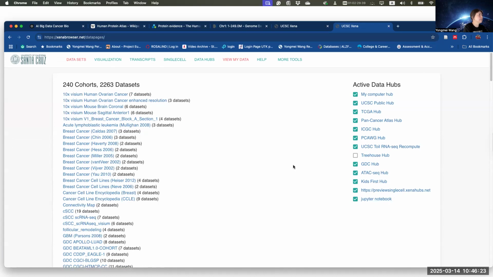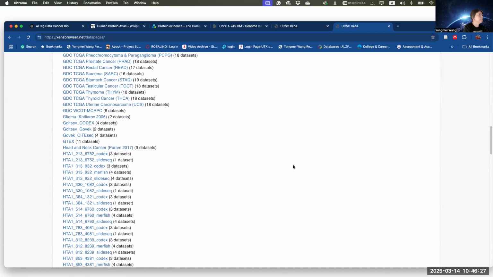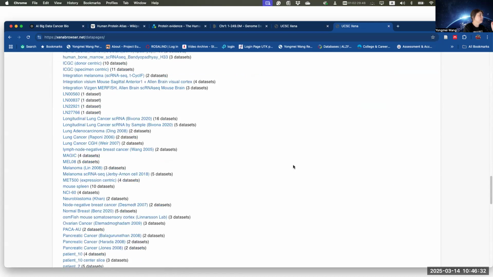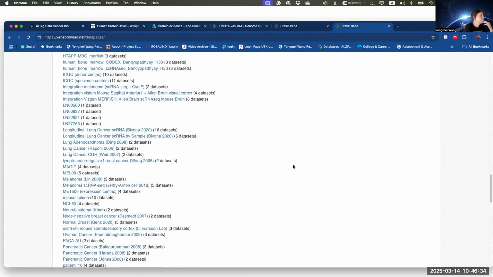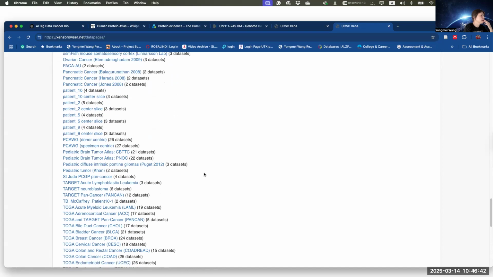So you go to data sets and you can see there are a lot of different ones. These data sets are arranged by the study, like what type of study. So let me show you, for example, TCGA, which I talk about a lot.